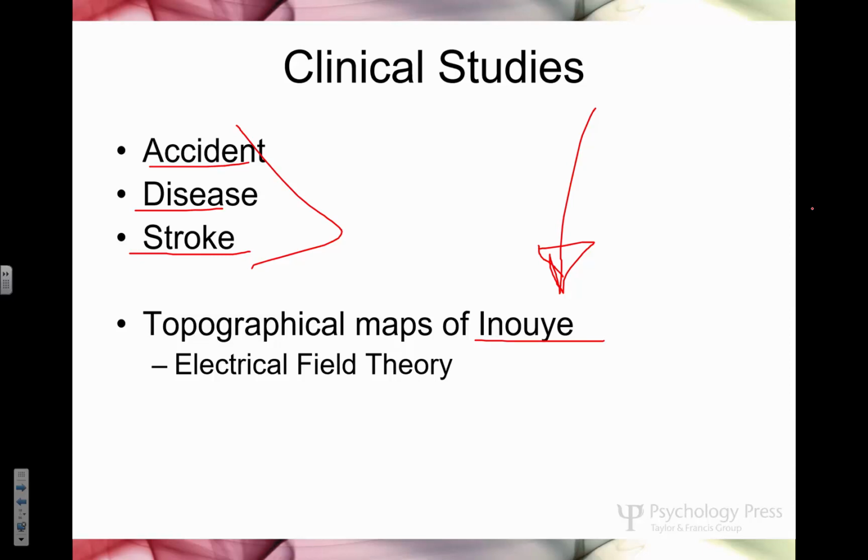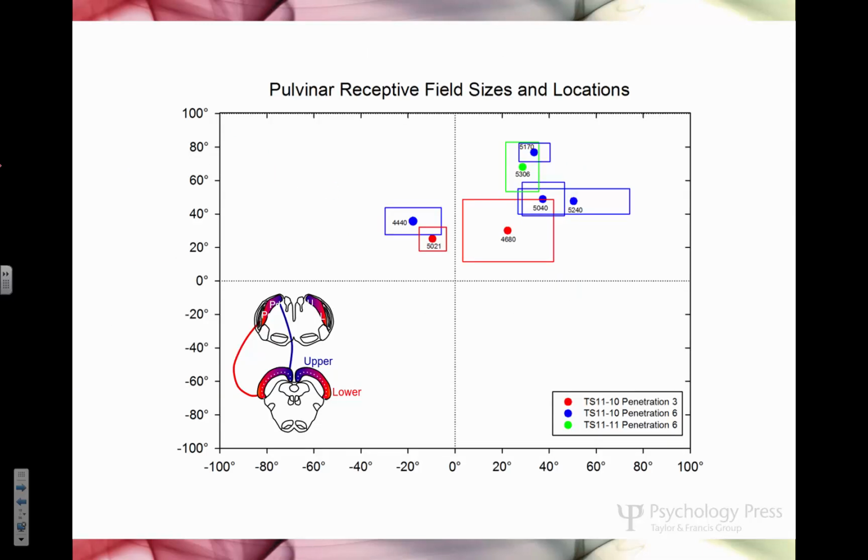Now, Josh, there might be some weird situation where someone could have damage in a higher visual cortical area that causes something funky to happen, but please don't worry these people about that, because they don't need to know that. That's a major breakthrough in understanding how visual systems work. All right.